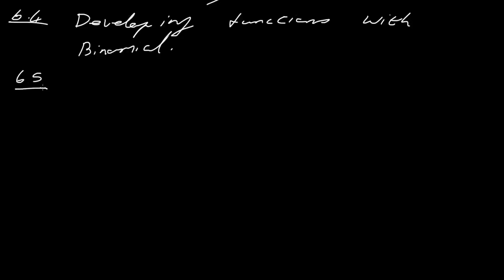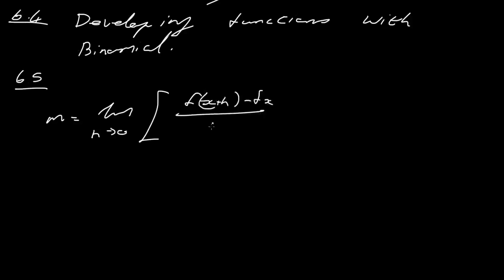Okay, so here they say that the function m equals limit as h tends to 0 of f of x plus h minus f of x over h is differentiation by first principles.